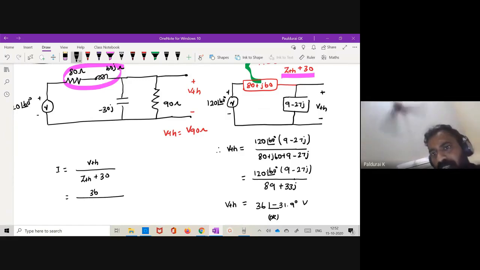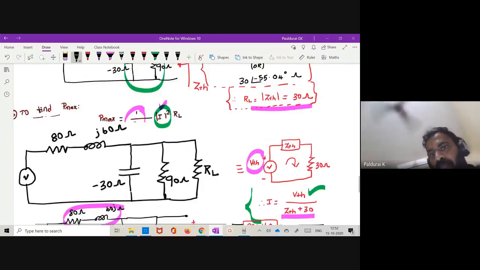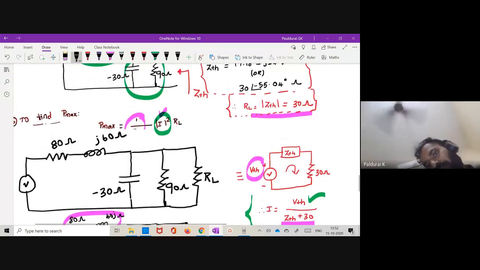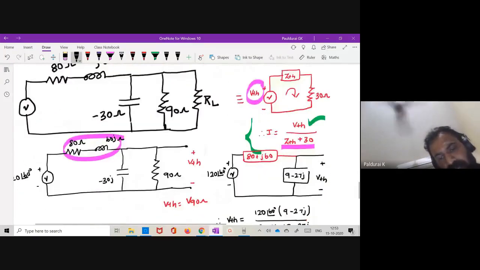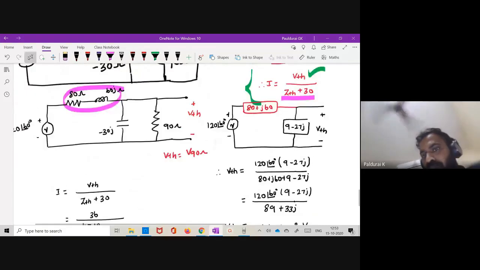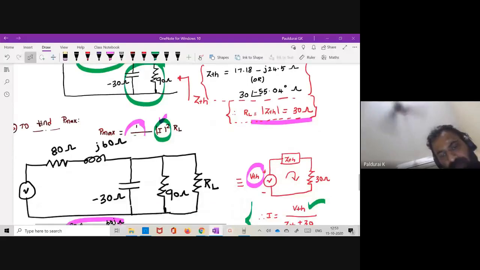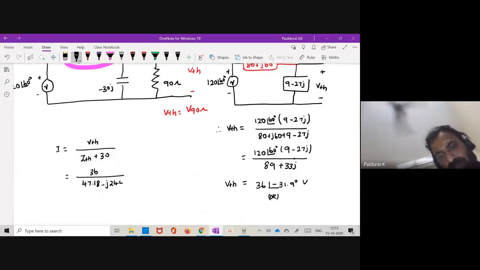What's the value for ZTH? ZTH in rectangular form is 17.18, plus 30, so 47.18 minus J24.5. Now this is my I. What is this value, anyone?